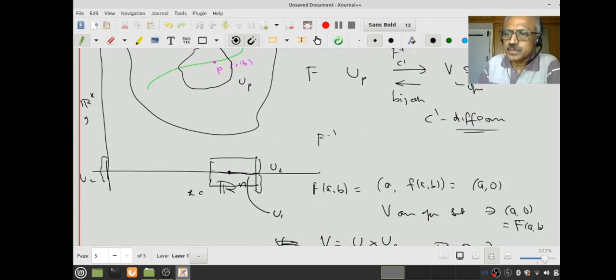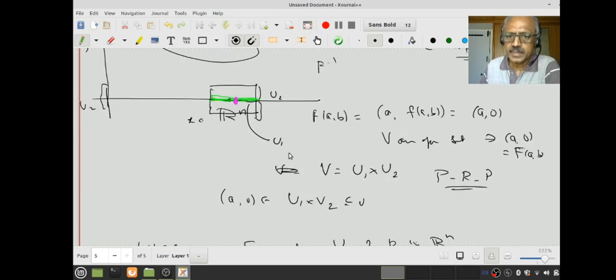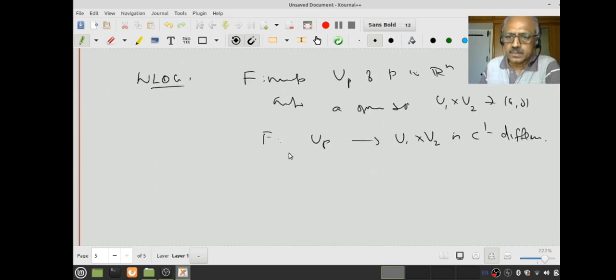So let me give it a different name. This is my u1, and my a comma 0 is going to be there. Now I'm going to construct a map. How am I going to look at u1?